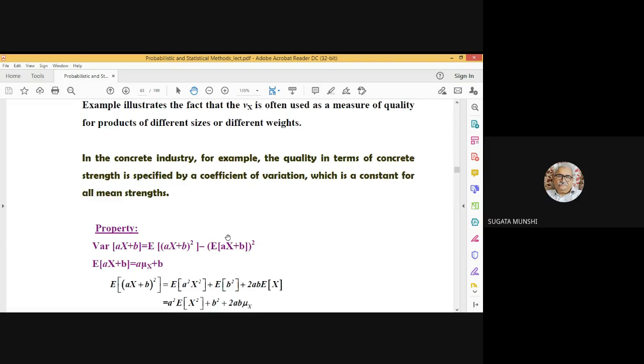Say we have a random variable x, and consider a new random variable ax plus b, where a and b are constants.